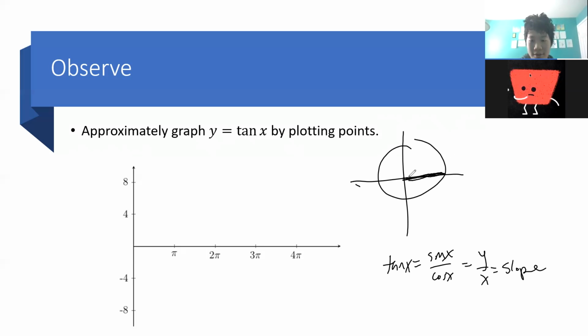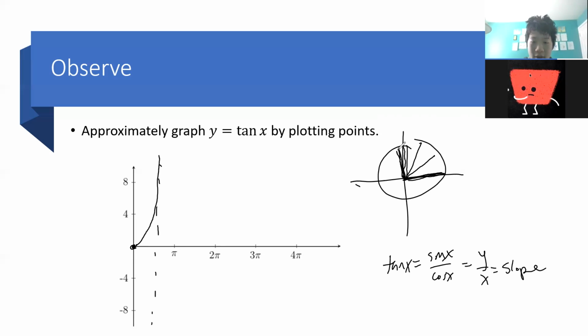Initially it's at 0, and then the slope increases until it goes really high into infinity. So it starts at 0, and at pi over 2 it goes all the way into infinity. It's like an asymptote. If you've learned about these in algebra 1, this is an asymptote. So it goes all the way into infinity as it gets closer.